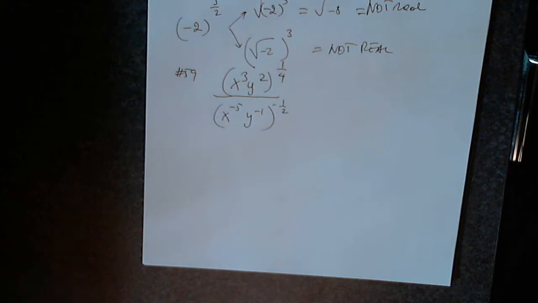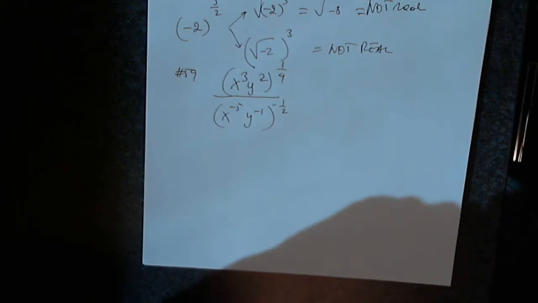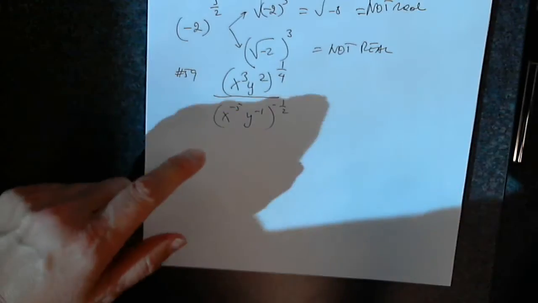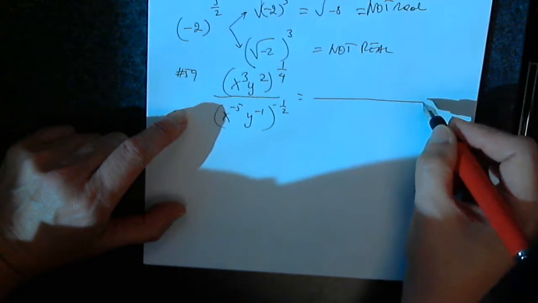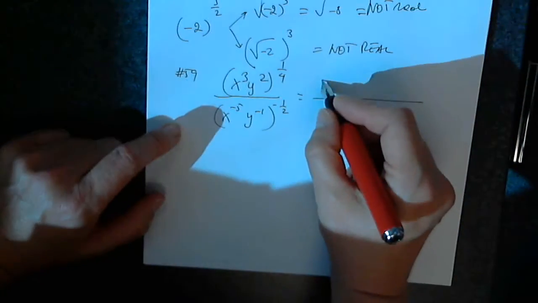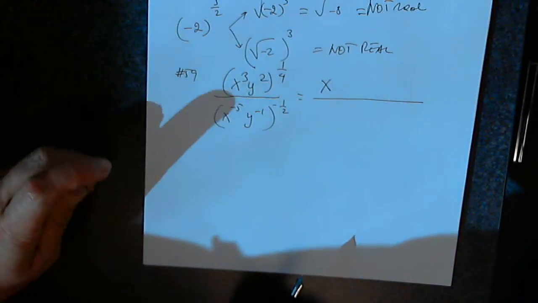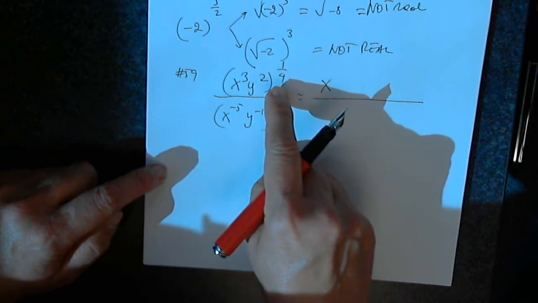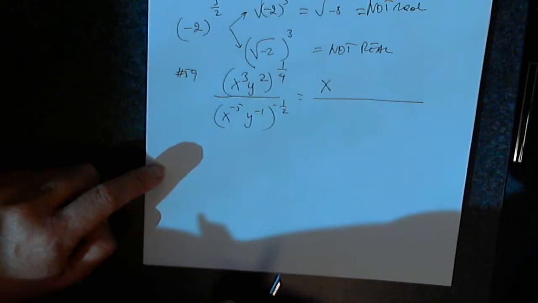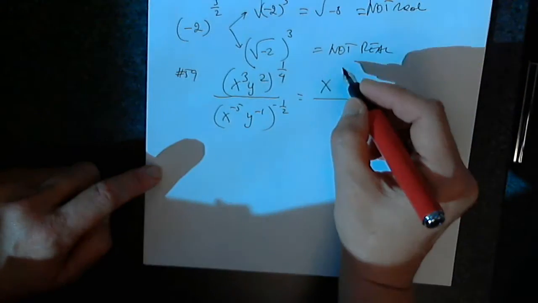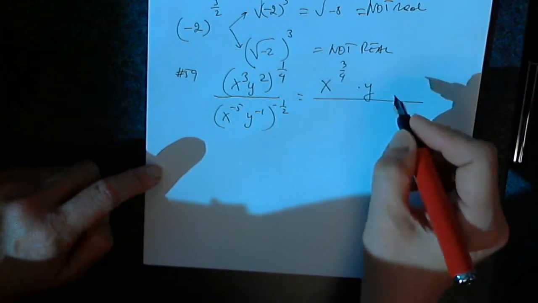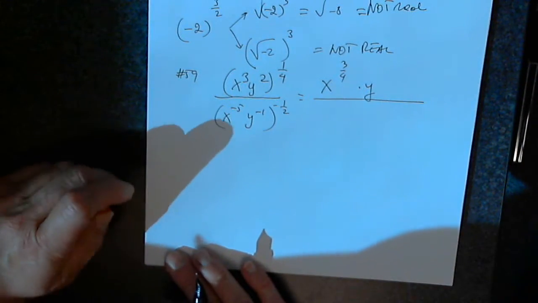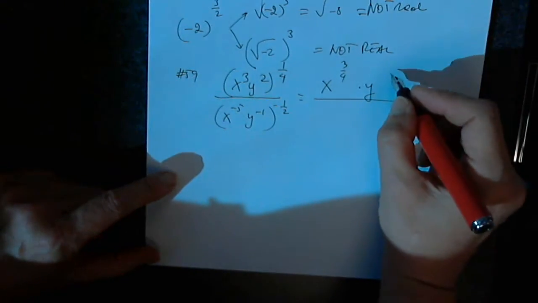What would you do as your first step? The powers. Right, exactly. I have to multiply the powers. I cannot do anything else. So I copy the base x, and when I multiply 3 over 1 by 1 over 4, what do I get? Yes. Then I copy y, and I multiply 2 over 1 by 1 over 4, and I get?